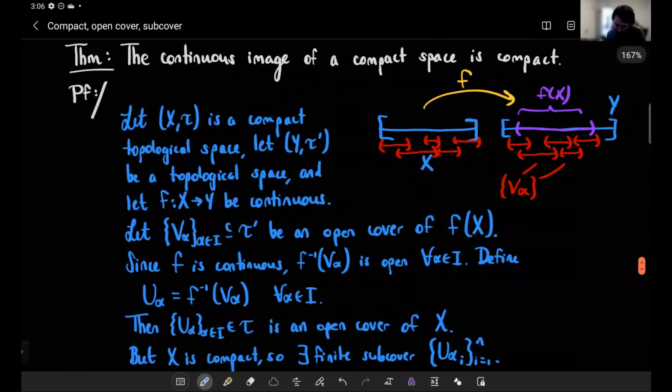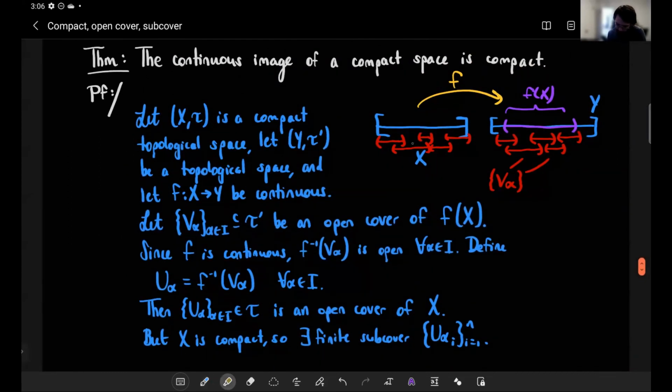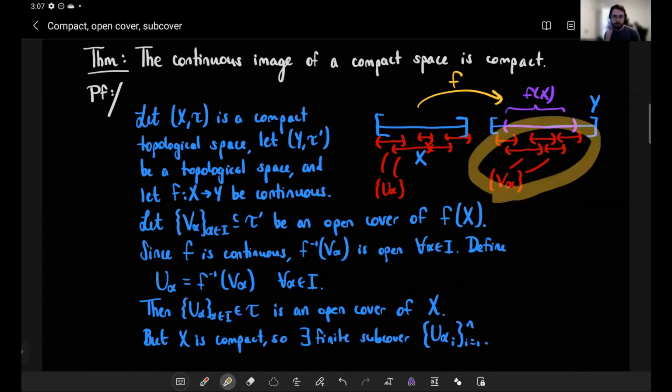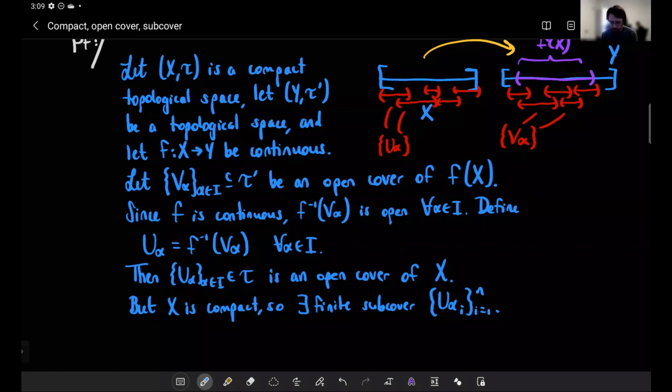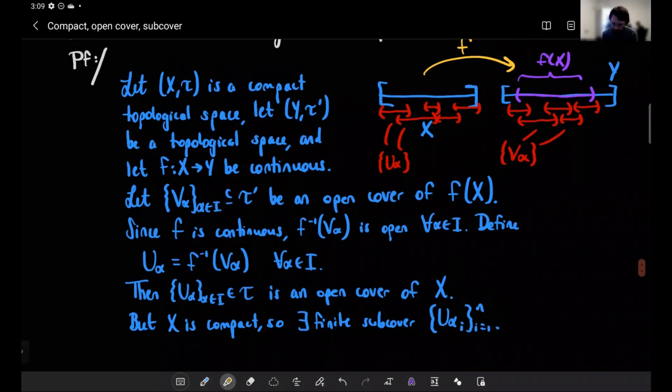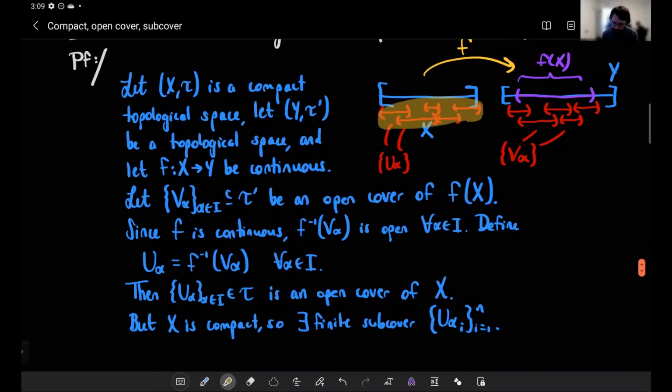Am I done? So I've taken these U sub alphas. I've knocked some of them out, so there are only finitely many left. But no, I'm not done. What I have to do, I was supposed to find a finite subcover of the V sub alphas. Okay, so what do you want to do with this? The temptation is to say, well, I have these sets U sub alpha.